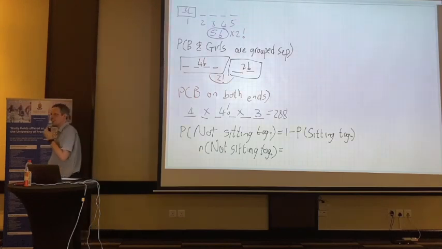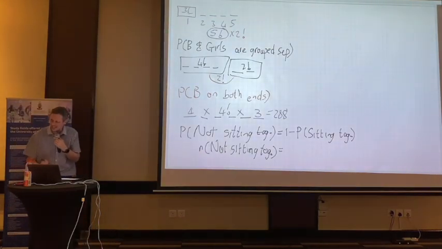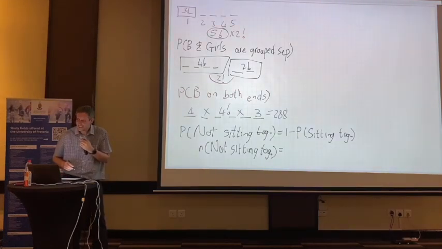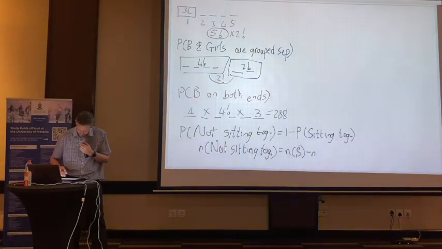Yes, Walter? Last chance for you. Let's get it right. No, you'll first say the total number of ways and then minus the total number of ways they can be sitting together. There we go. And obviously the other answer.